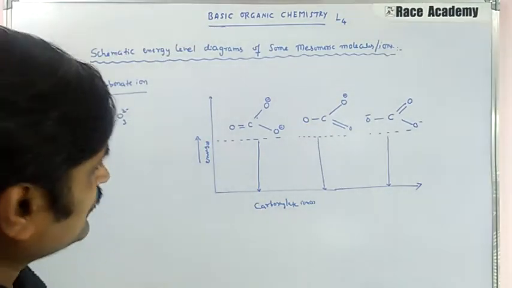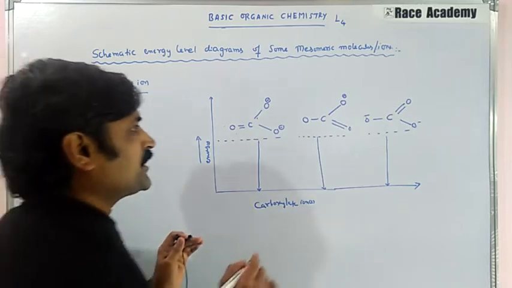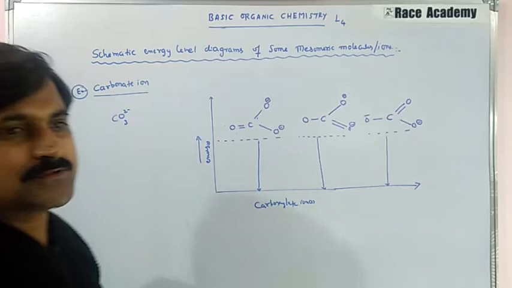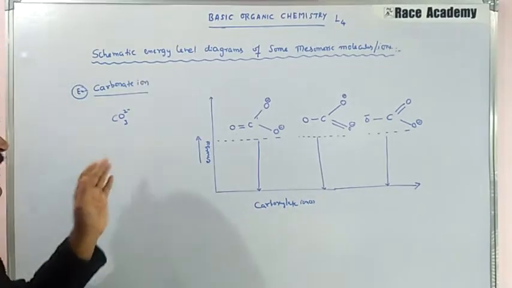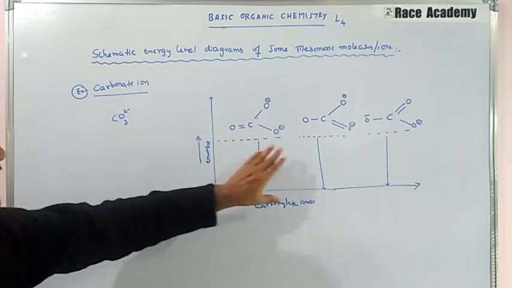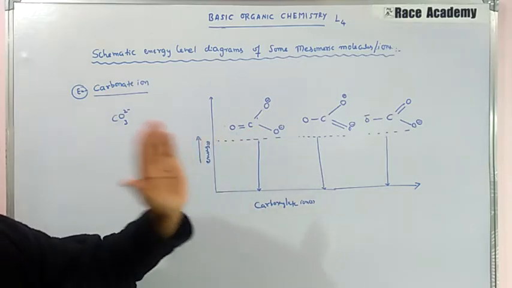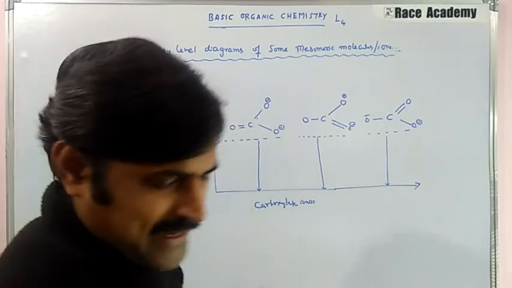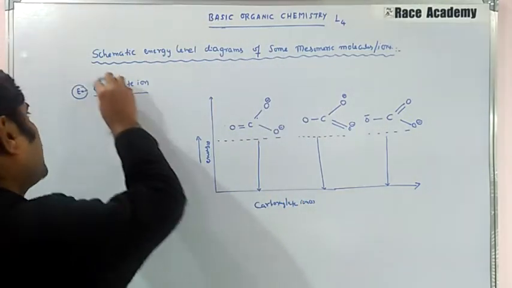That means they will contribute towards the stability of the carbonate ion. So the resonance structures of the carbonate ion are three, and all three structures have equal energy from this diagram.